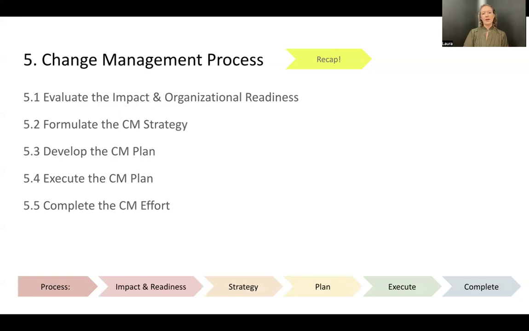First is evaluate the impact and organizational readiness. Second is formulate the change management strategy. Third is develop the change management plan. Fourth, execute the change management plan. And lastly, what we just covered, complete the change management effort.